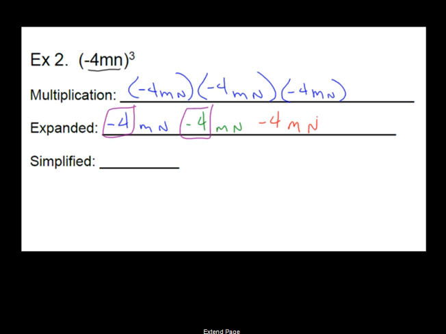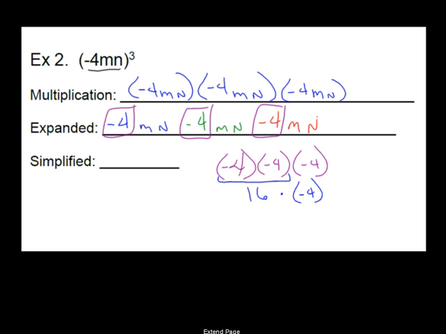I want to take care of my numbers first. So I'm going to multiply negative 4 times negative 4 times negative 4. Well, negative 4 times negative 4 is a positive 16 times my negative 4. And negative 4 times 16 is a negative 64. So I now have negative 64. Go and collect my m's.